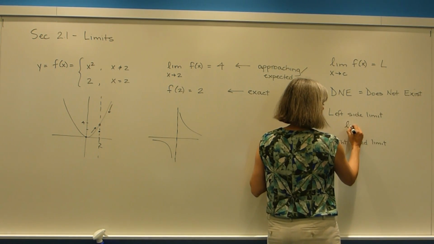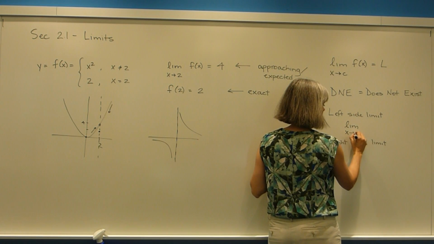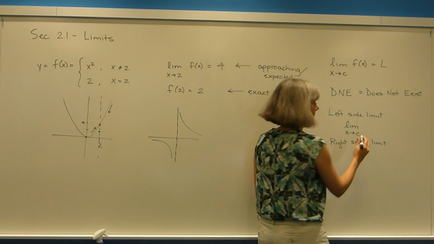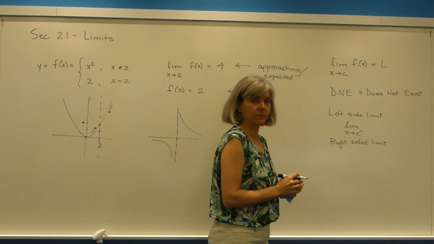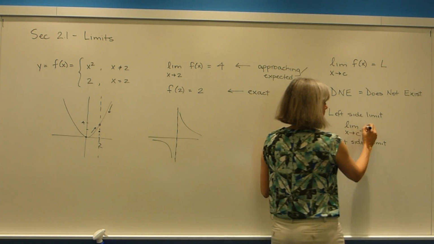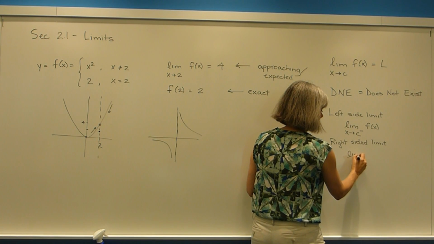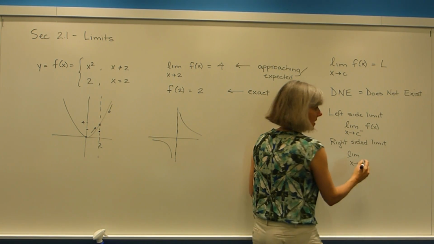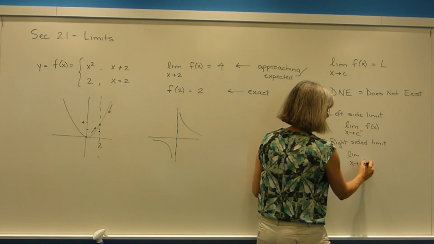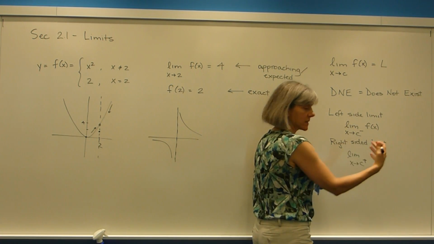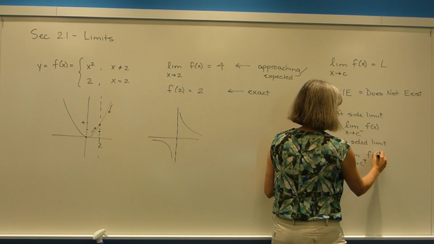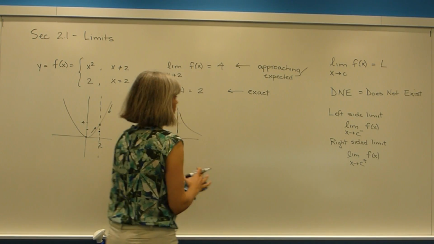And so we'll write it this way: the limit as x approaches whatever value you're interested in from the negative side. Right-sided limit will be x approaching c. You might guess the notation, from the positive side, the right-hand side. So we can talk about right and left-sided limits, so let's do that.